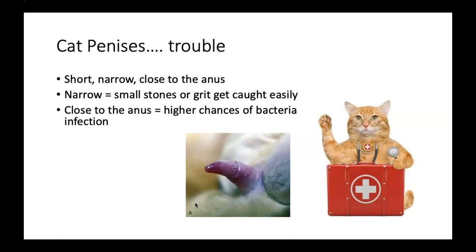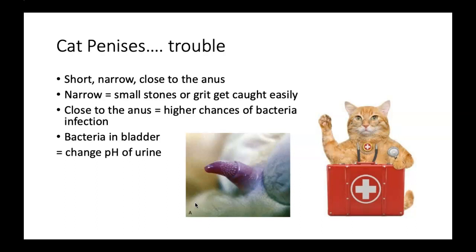Because they're close to the anus, they have a higher chance of bacterial infections. So cat penises, in my humble opinion, the structure of a cat penis sucks, and it predisposes them to a lot of these bladder infections, to bacteria in the bladder, and of course to blockage of urinary stones.